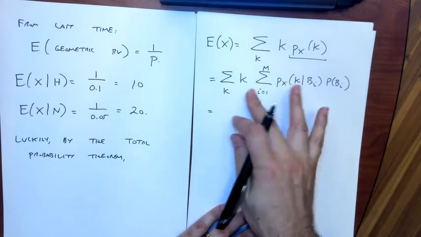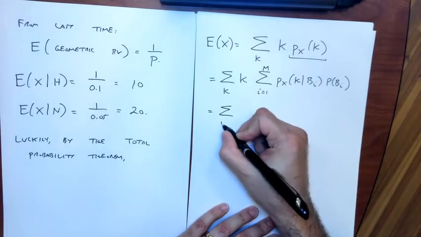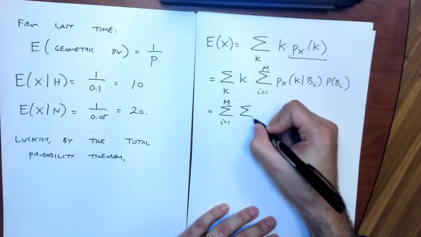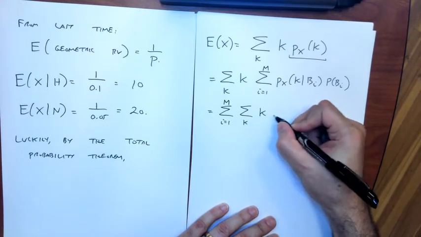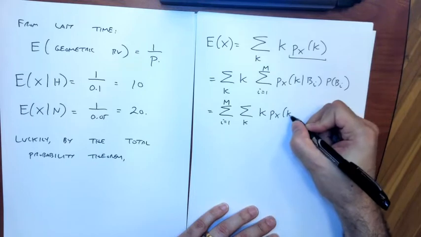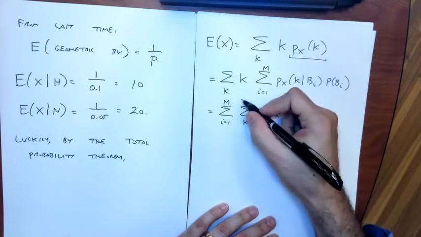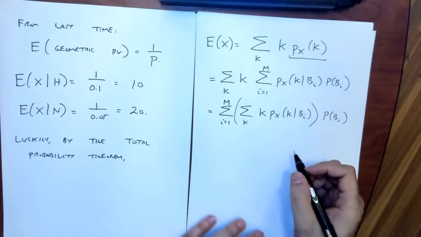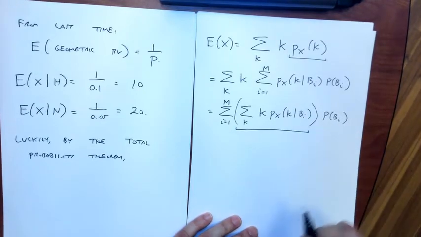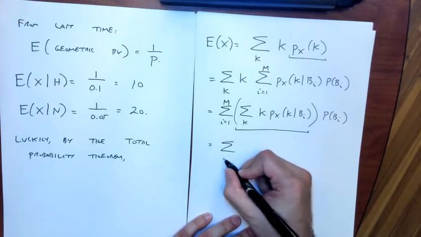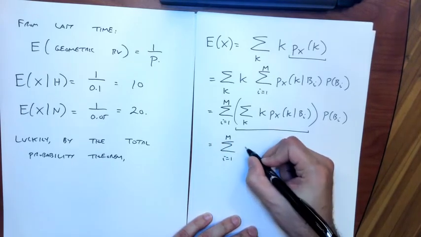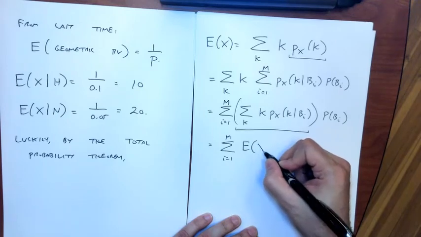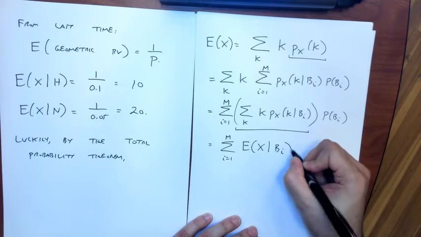And now I'm going to switch these two sums around. Kind of put parentheses around here like this. This now is basically what we would define as the conditional expected value, right? This is like saying, what would the expected value be if I was in state B_i?